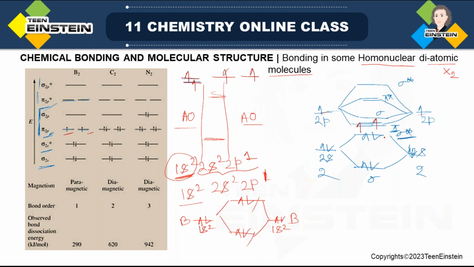But suppose it is carbon. In case of carbon, it is basically 2p2, so total number of electrons is 4. Once you have placed one electron in each degenerate orbital, there will be the third electron, fourth electron. Now there will be pairing, which you can see in case of carbon. Similarly, if it is nitrogen, what will happen?